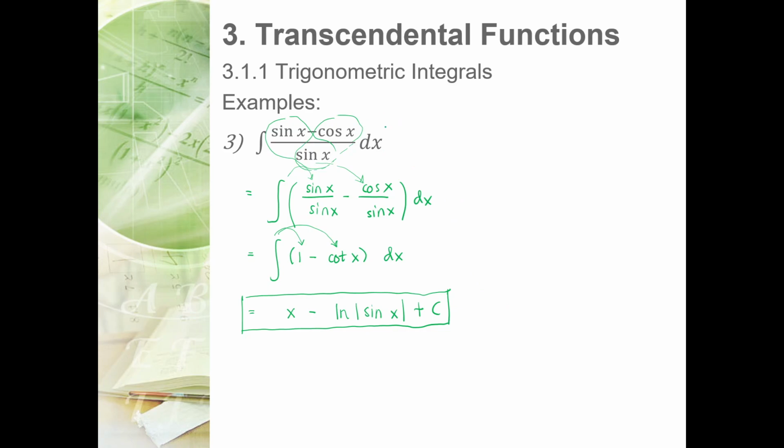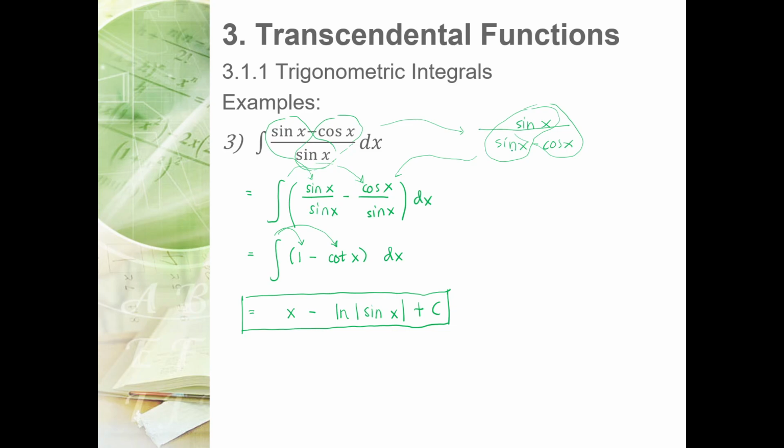An important note in splitting fractions is this. For example, let's say you have sine x minus cosine x in the denominator. You cannot split these terms, right? Most of my students before, if they have this kind of fraction, would split it into this kind.